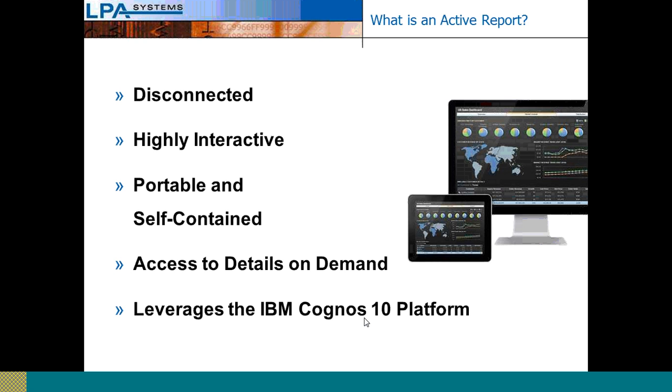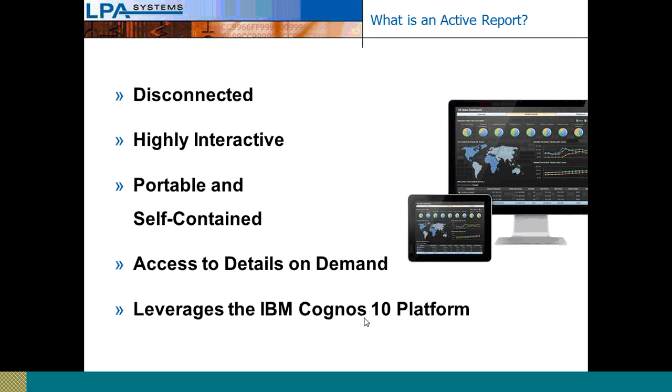And last but not least, the active report leverages the existing IBM Cognos platform. Cognos Report Studio is used to create active reports. The ability to create an active report is a standard part of the IBM Cognos 10 professional author license. Current reports can be converted into interactive reporting applications, potentially reducing the amount of time to build.